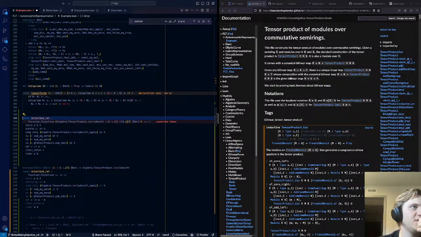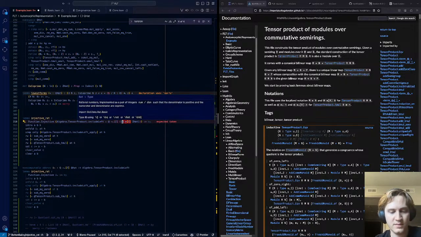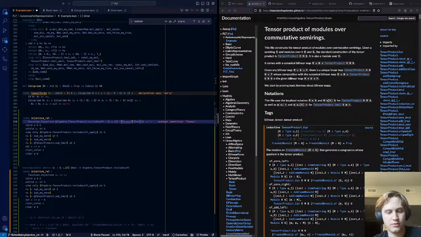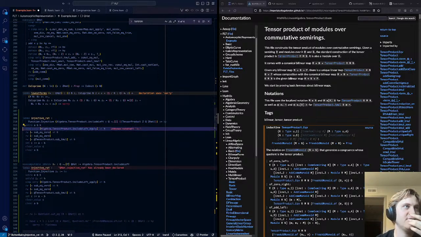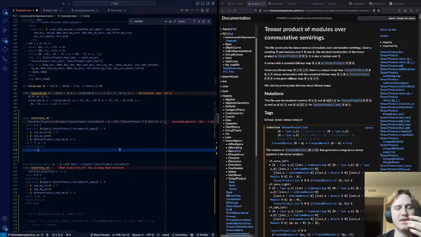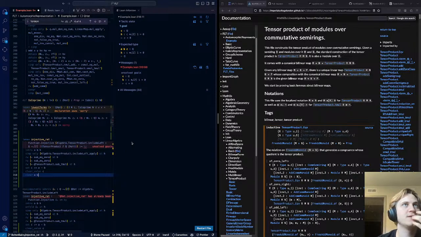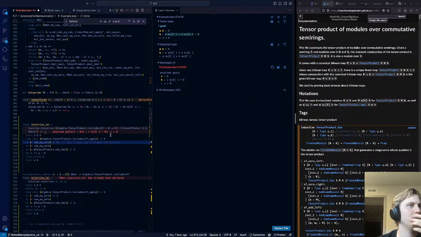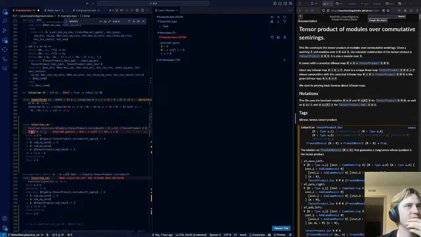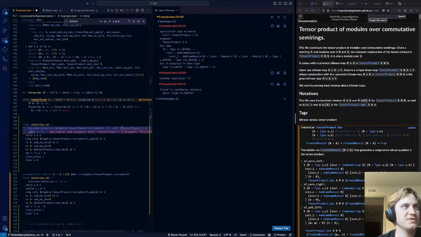Whereas what I'm trying to do here, so this could be tensor product Z Q Z hat. I don't need to unfold this, right? This is the same thing that we had before. This is the theorem I'm trying to prove. But what I'm interested in is whether this is just true for Z, for example.